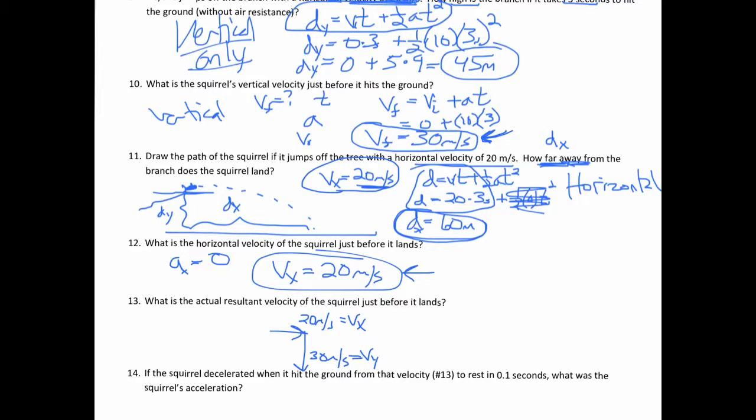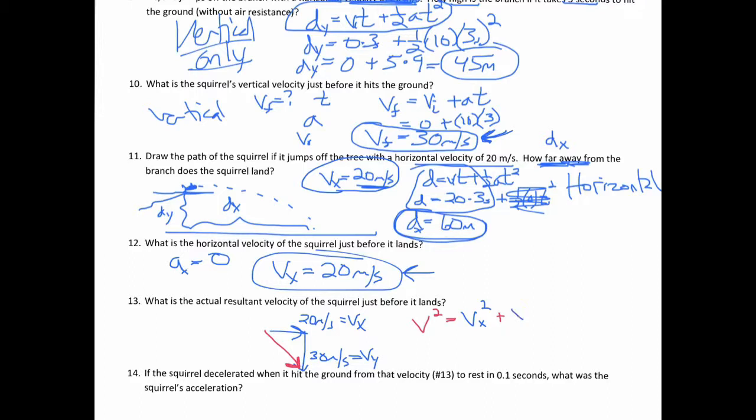To find a resultant, I have 2 legs of the triangle. I just need that hypotenuse right there. So that final velocity squared is equal to Vx squared plus Vy squared. I'm actually going to make those blue because I'm neurotic about color coding.